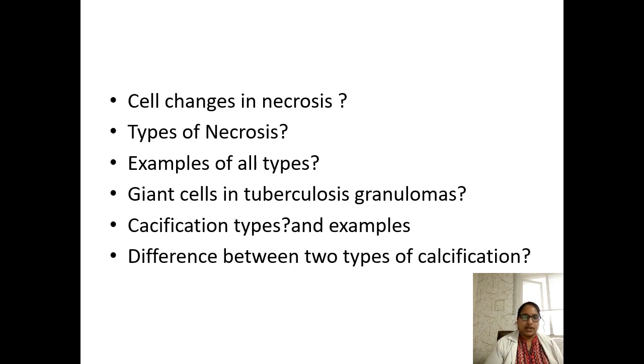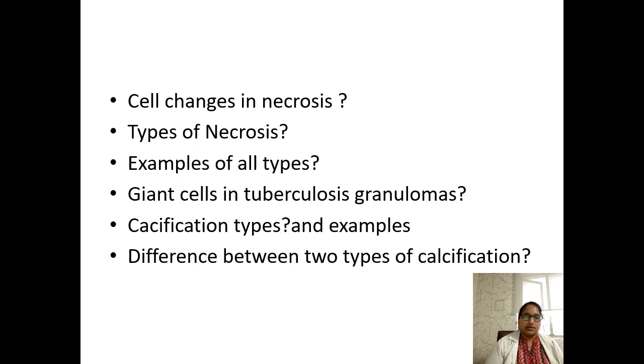And what are the types of necrosis? There are five types of necrosis: caseous necrosis, coagulative necrosis, liquefactive necrosis, fat necrosis, and fibrinoid necrosis. Coagulative necrosis is the most common type, and it occurs in solid organs like kidney, heart, liver, and spleen.